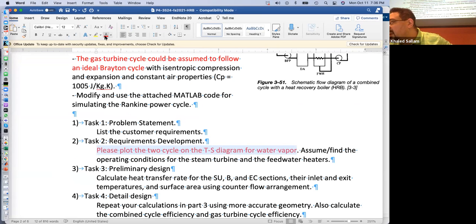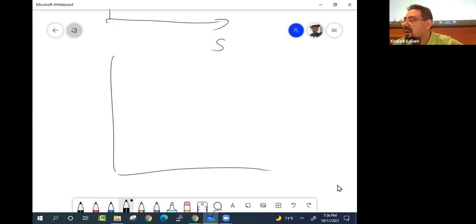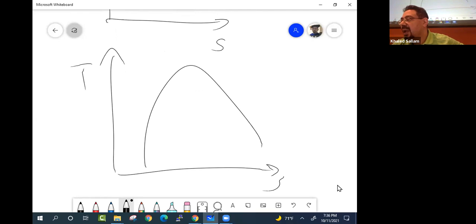So what I'm asking you to do is, on the TS diagram of the water vapor, which will look like this, we're going to have a heat or not, maybe we shouldn't have it, just like this, right?